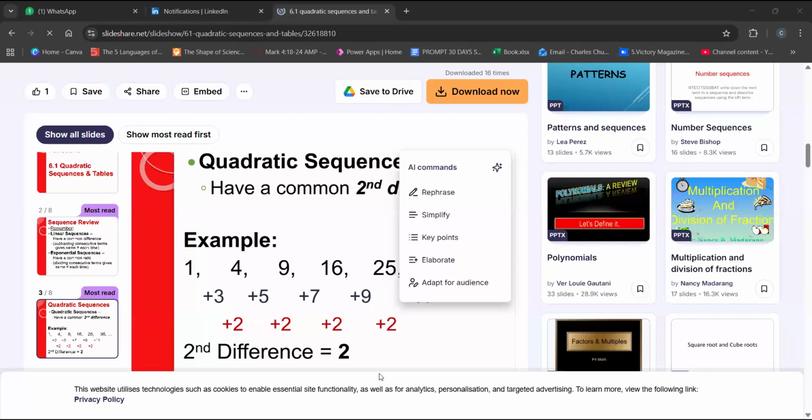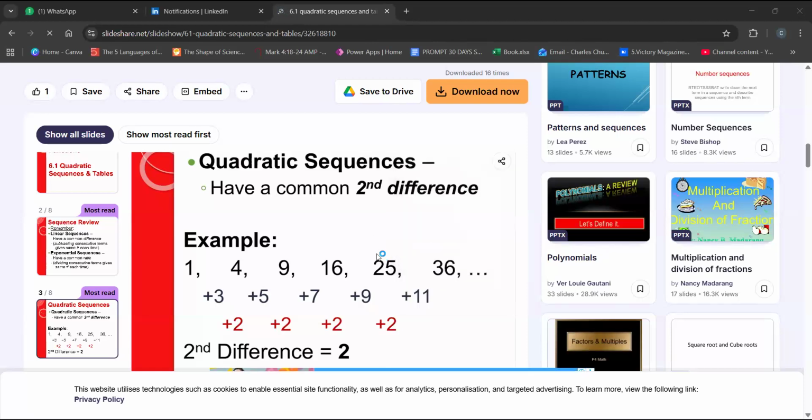Let me share mine so that we can look at the material I have here. Okay, can you see my screen now? Yes, I can. Okay, nice.